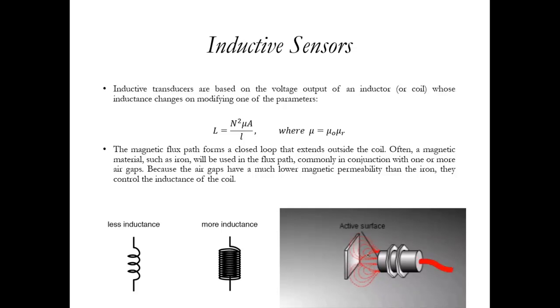We have something called a primary or secondary, or you can say pickup coil, and the main supply coil. So we can measure those changes in those coils, and that can be corresponded to the displacement measurement, or you can say we can use it for position measurement also.